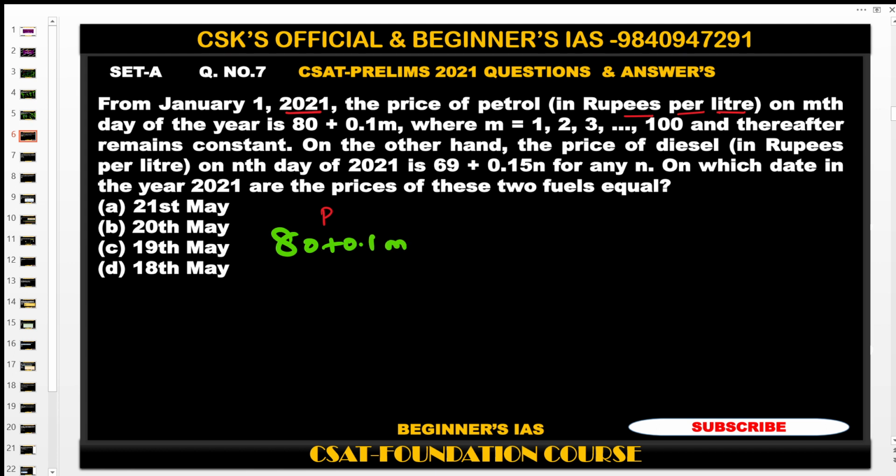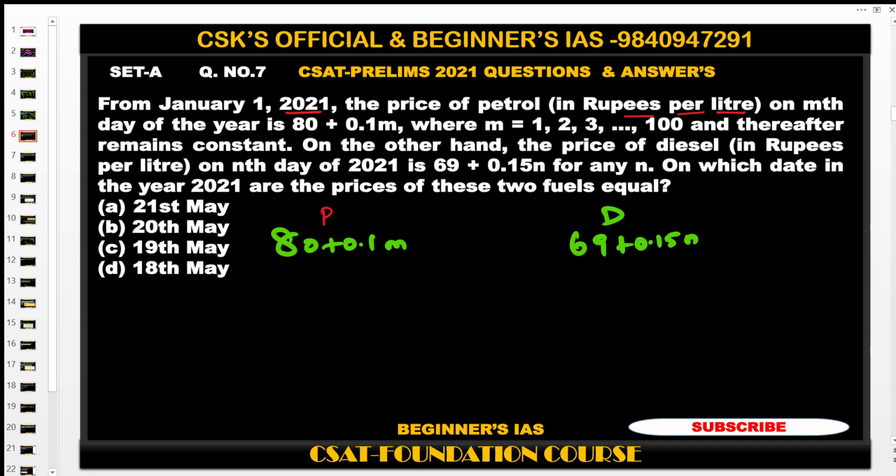So m takes 1, 2, 3, 4, so up to 100. Beyond 100 also fine, and thereafter remains constant. On the other hand, diesel, so 69 plus 0.15n. On which date, in which year are the prices of these two fuels equal?